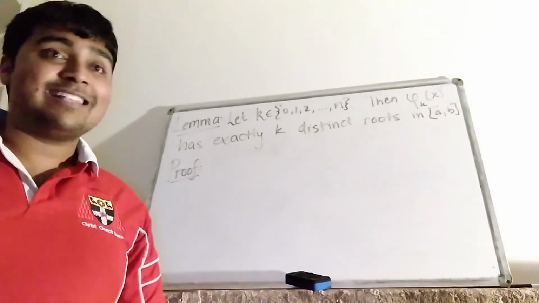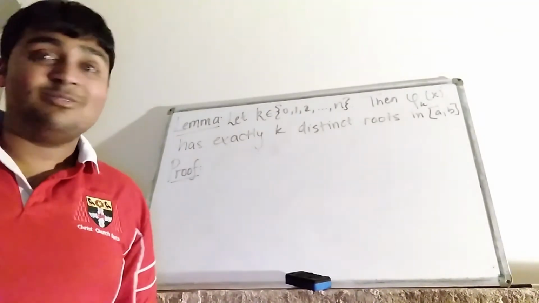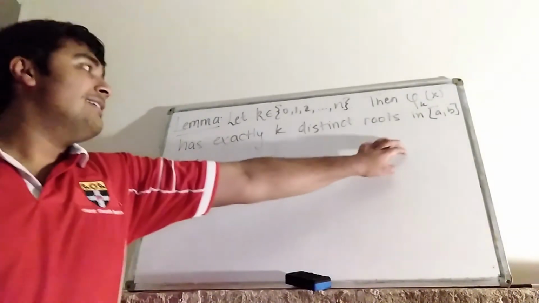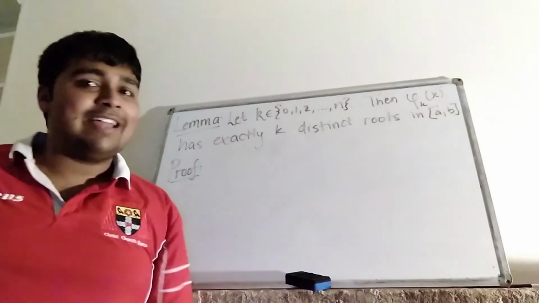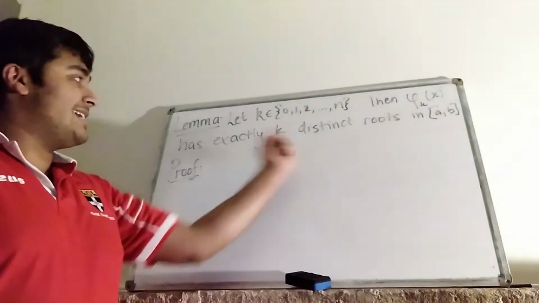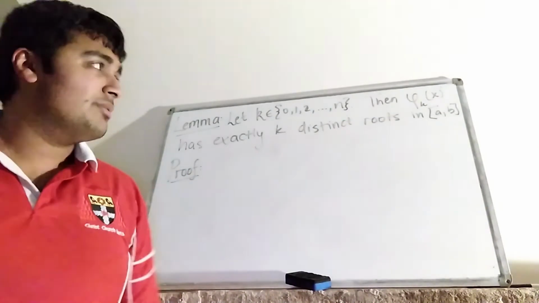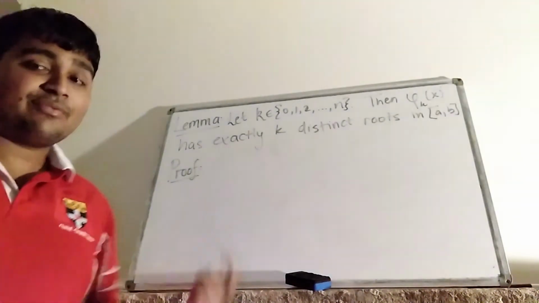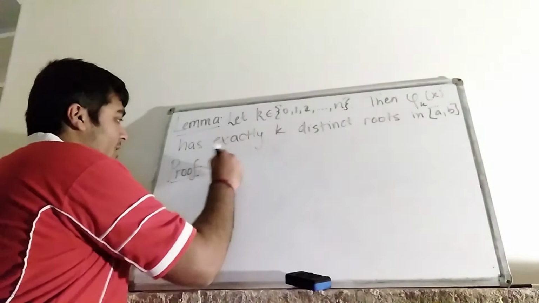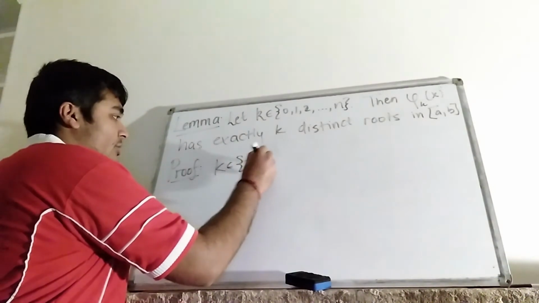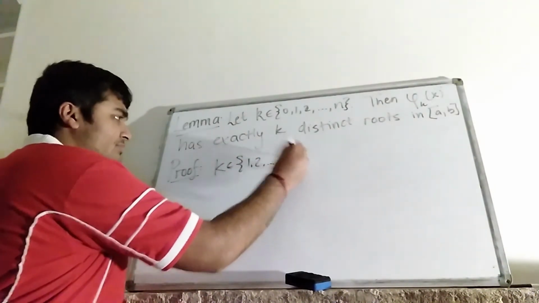So in particular, it has no roots on the complex plane, or no roots on the real line, and therefore it has no roots in (a, b). So it has exactly k, which is 0, distinct roots in (a, b). So that makes sense sort of trivially. Okay, so now let's focus on k being a member of 1, 2, all the way up to n.